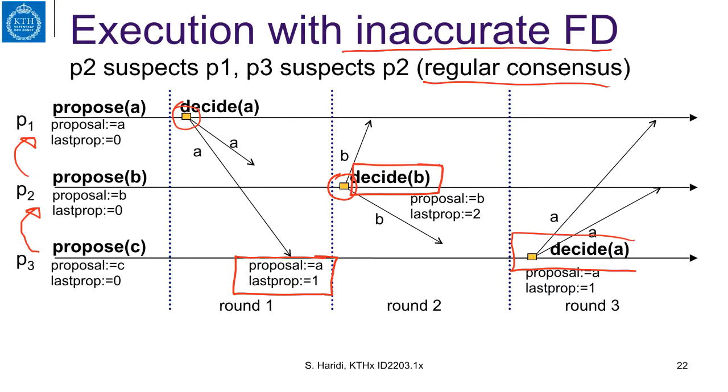So you can see here that in the case of regular consensus, if you use an inaccurate failure detector, you are not going to get an agreement. Processes are going to decide on different values. Now let us look to the algorithm with uniform consensus.